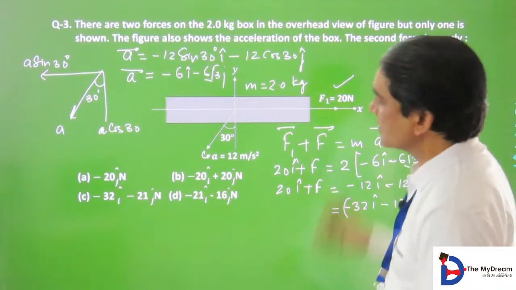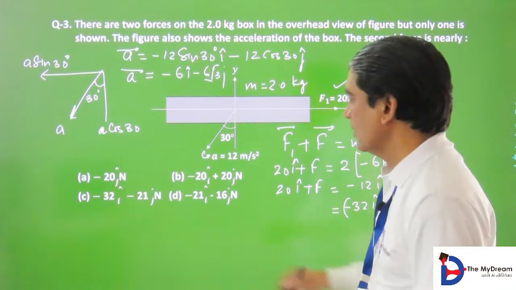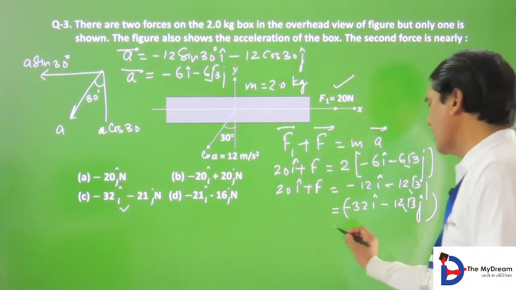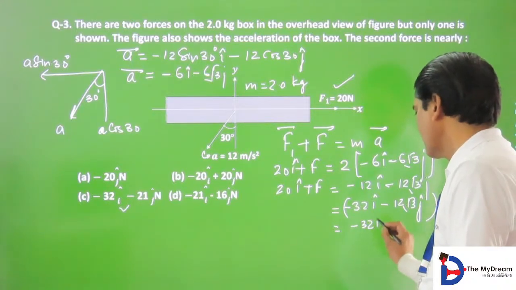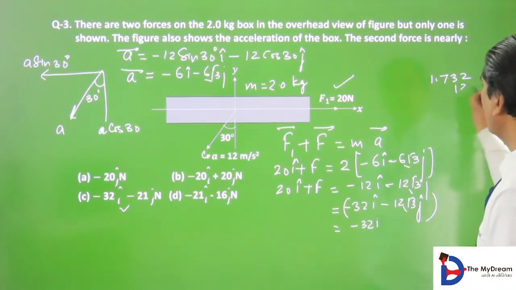So this is the answer. Here this one is correct. This option is correct. Because 12 root 3, that is about 1.732 multiplied by 12.